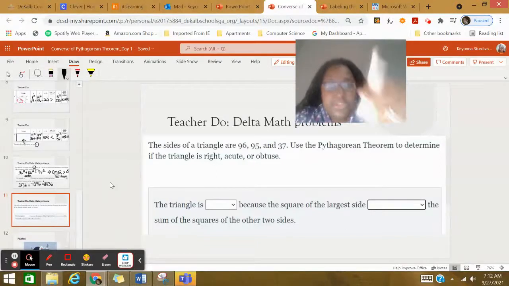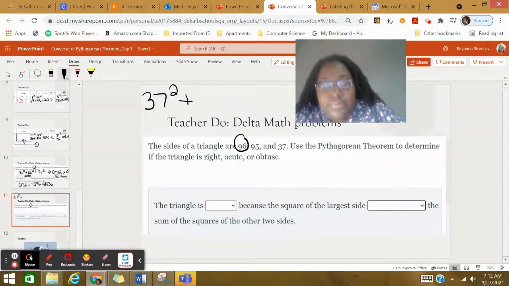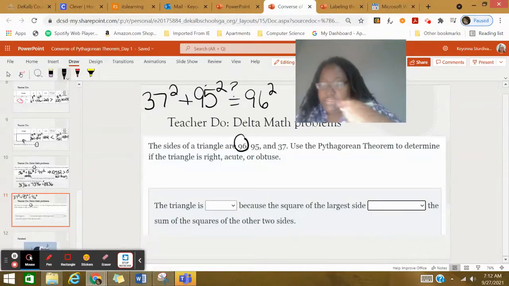Again, the very first step that I gave you guys is to go ahead and circle your largest number. In this case, 96 is my largest number. So I'm going to do 37 squared plus 95 squared, and I want to know, is that equal to 96 squared? So from here, I'm going to go ahead and simplify.